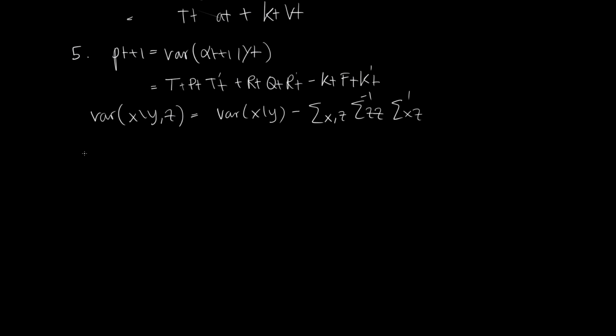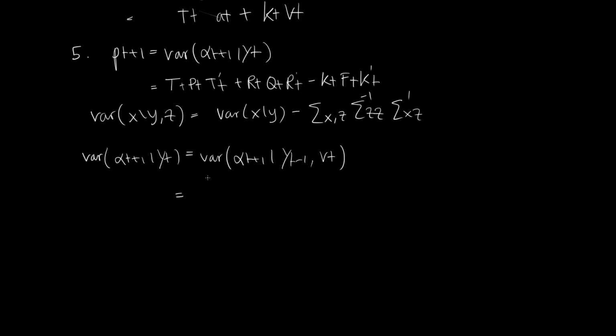Again, we're now going to write down the variance of alpha_{t+1} given Y_t, because this is simply the definition of P_{t+1}, and again we split up the Y_t information set into Y_{t-1} and V_t.